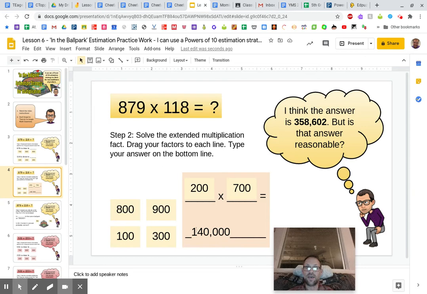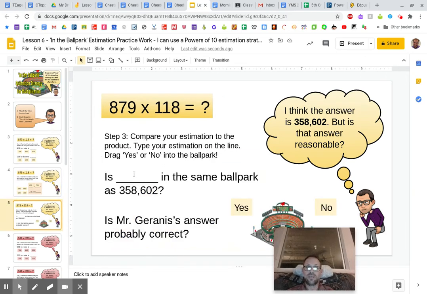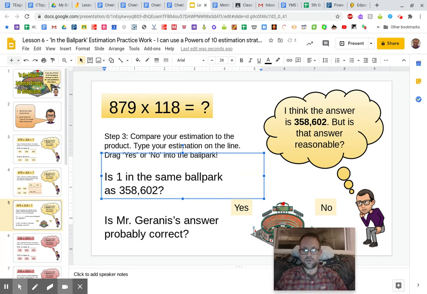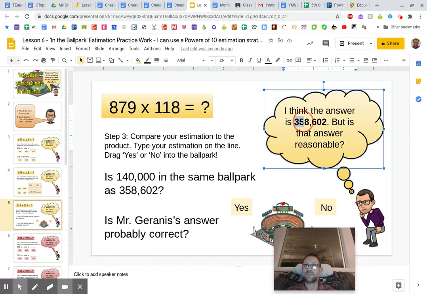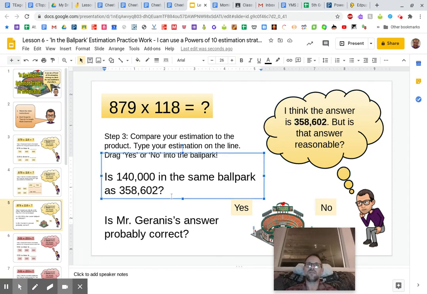So is 140,000, in our example, in the same ballpark as 358,602? And remember, that was the answer that Mr. Gironis thought was correct. So are they in the same ballpark? What do you think? Is 140,000 close to 358,602? I don't think so.